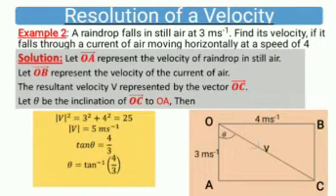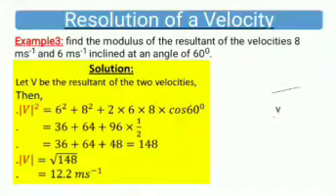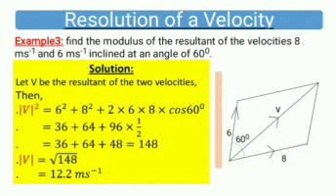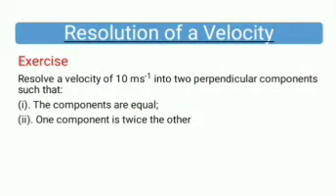So what we are now asked to do in the first one, they say that you should find the two perpendicular components. Since they are perpendicular, you know that what you will form will be a right angle. Then such that the components are equal.